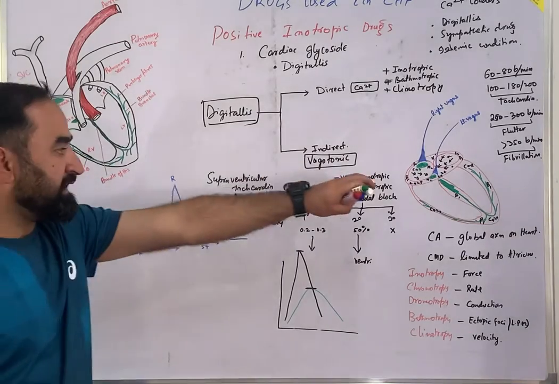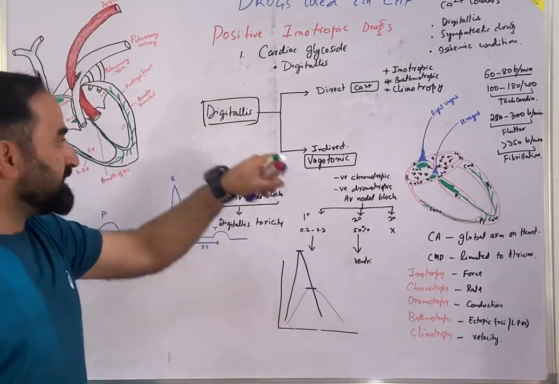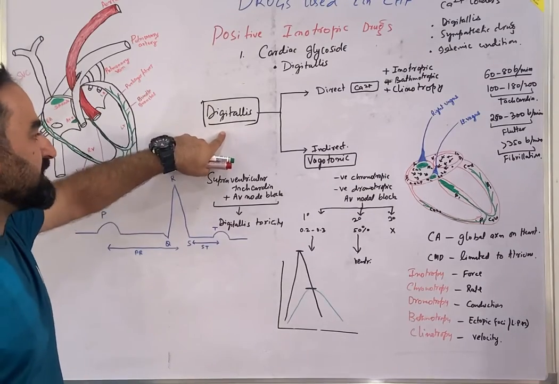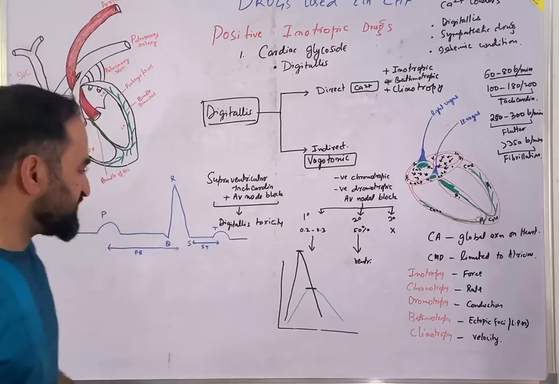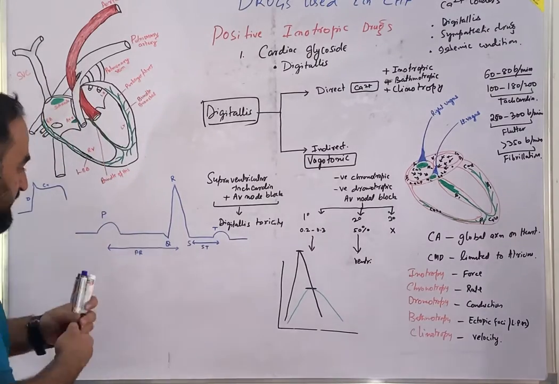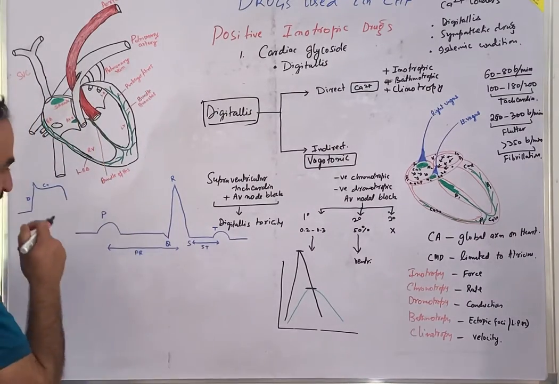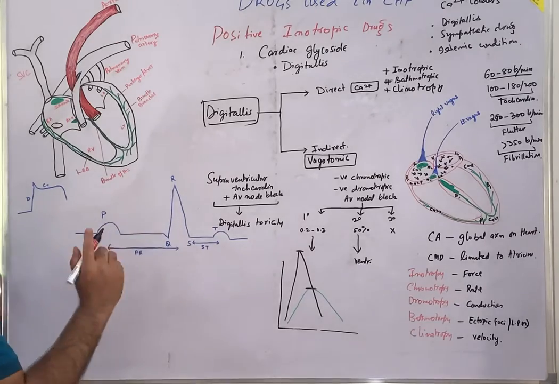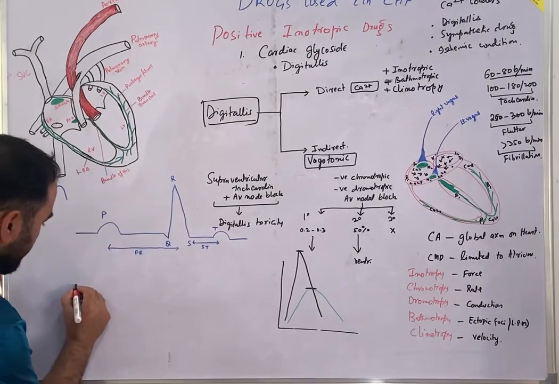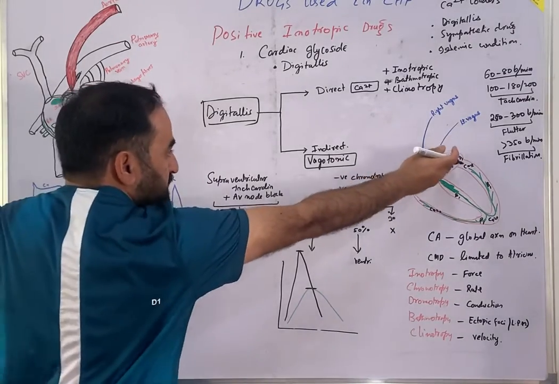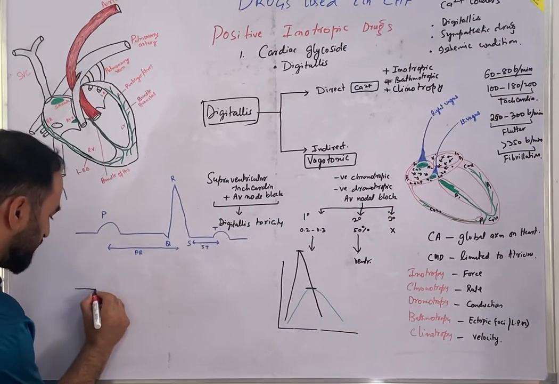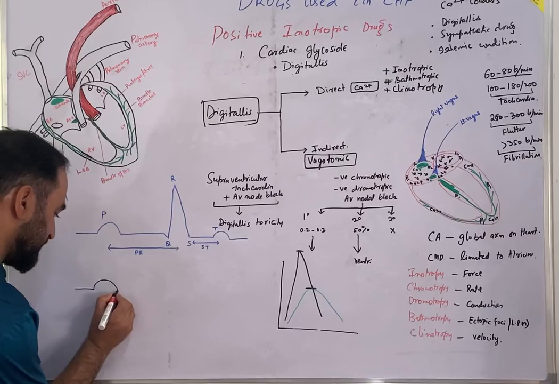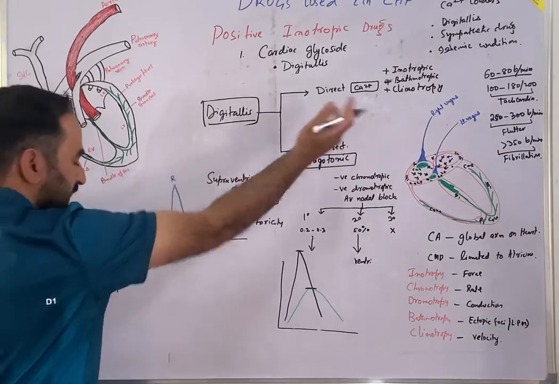Now, see, when a patient is under digitalis, that is, he is digitalized, the patient is having digitalis toxicity, and what do you get by looking at the ECG? Because of the ectopic foci, the P wave is generated by the ectopic foci, not by the pacemaker.